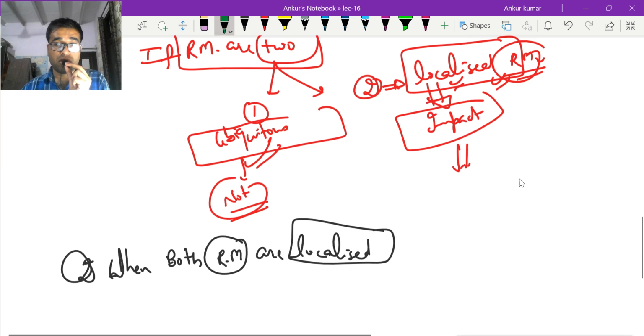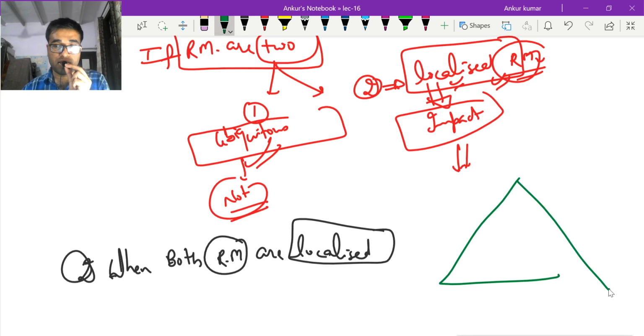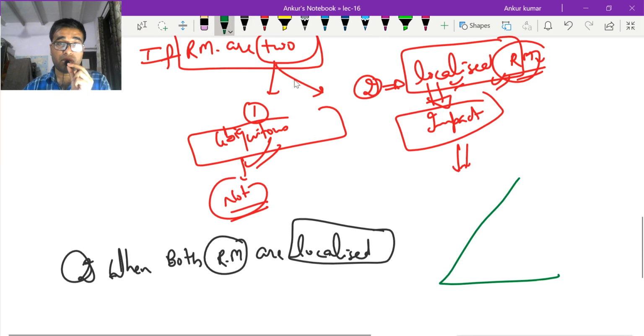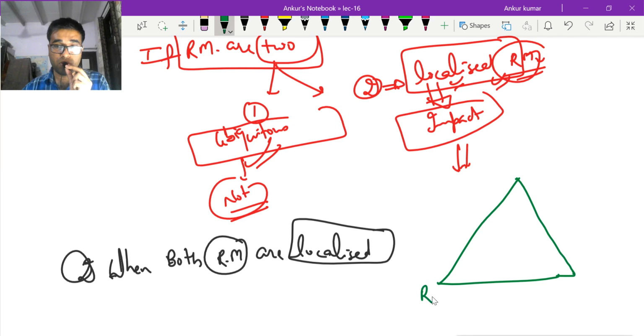In this case, Weber said you make a locational triangle, and this is called the locational triangle, and all sides are equal. That means it is an equilateral triangle, right? On two vertices you draw raw material 1, and on the other vertex raw material 2, and on the third vertex we will draw the market, right?